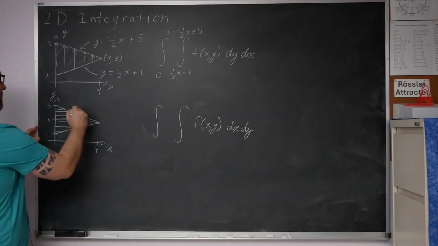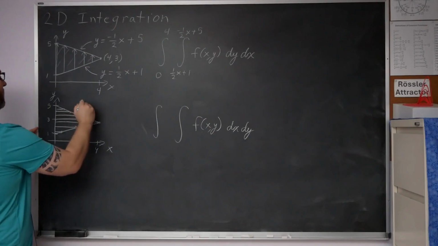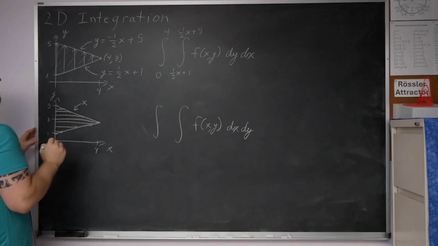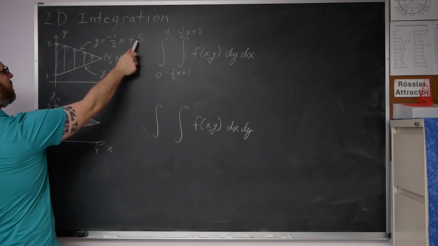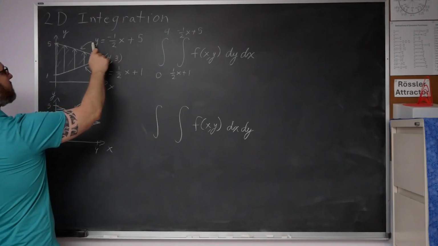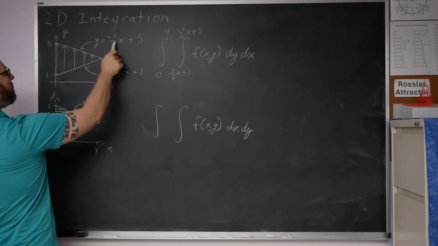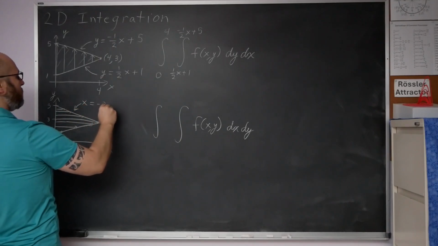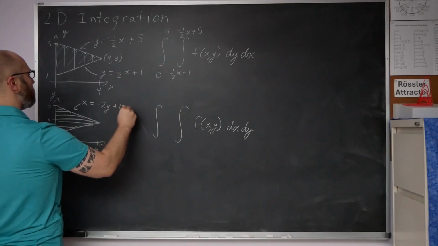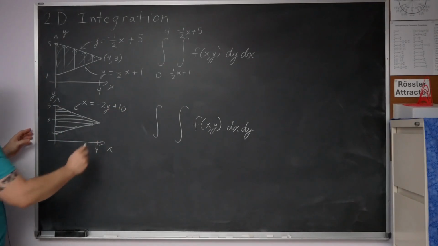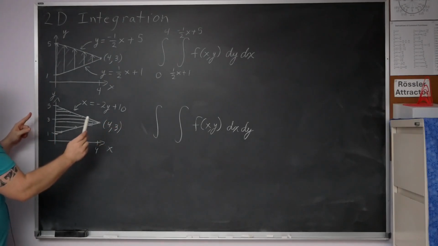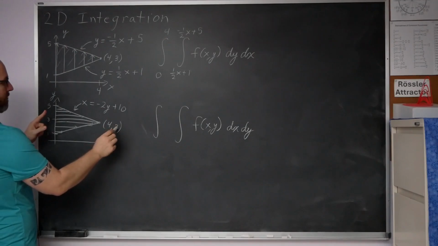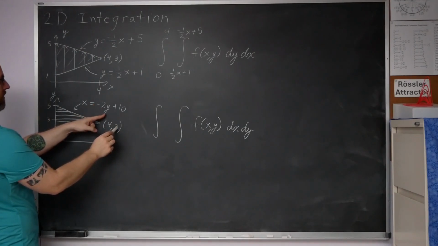First I'm going to rewrite these as x as a function of y. If I move the y minus 5 and multiply by negative 2, I get negative 2y plus 10. Let me just check I did that right. If y is 3, then I get negative 2 times 3, which is negative 6.